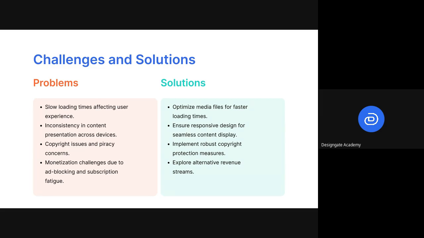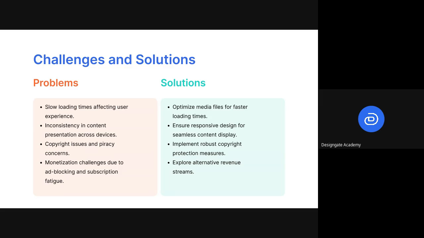Another one we have here is inconsistency in content presentation across devices. You have to ensure responsive design for seamless content display. Copyright issues and privacy: you want to make sure you have robust copyright protection measures when you are designing.